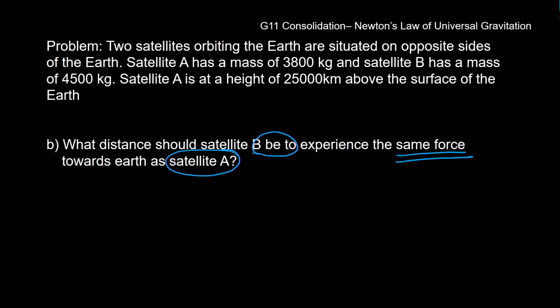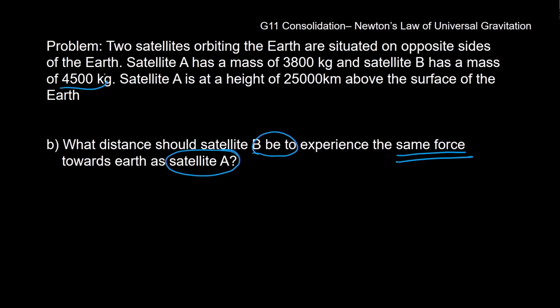So if we think about this carefully, satellite B is a lot heavier. The mass of satellite A is 3,800 kilograms. The mass of B is 4,500 kilograms. So you can see the mass of B is bigger than the mass of A.